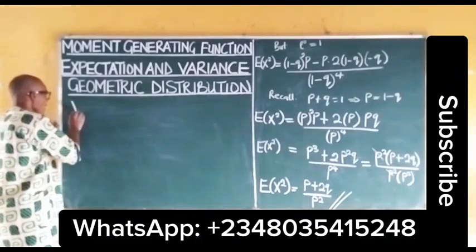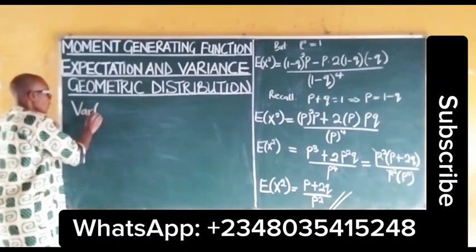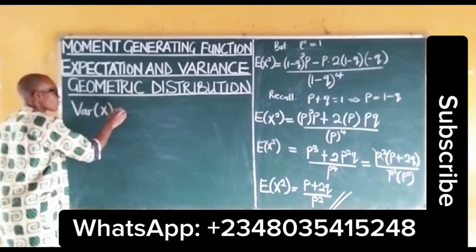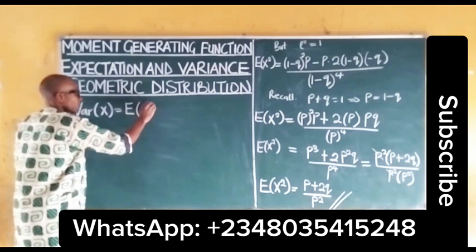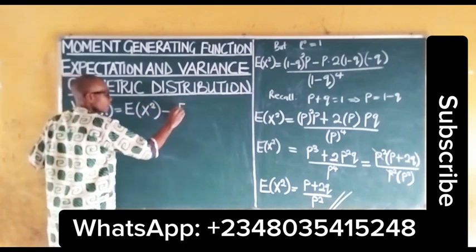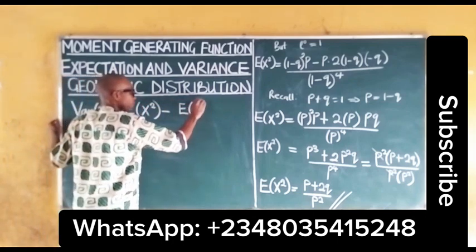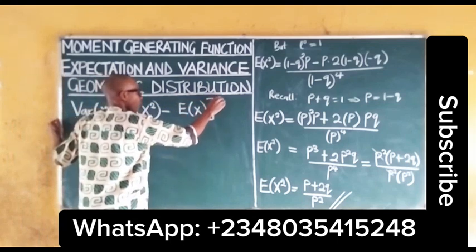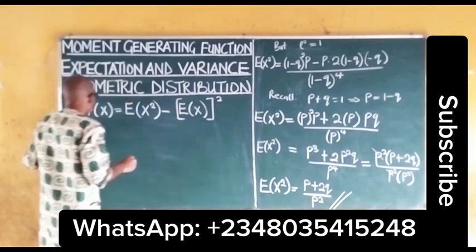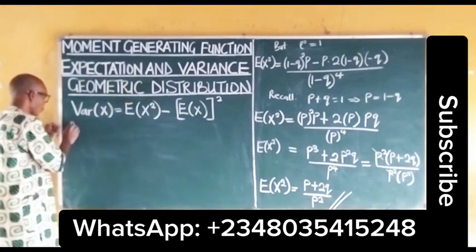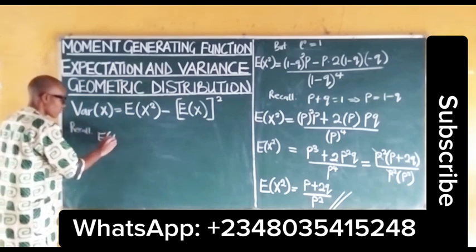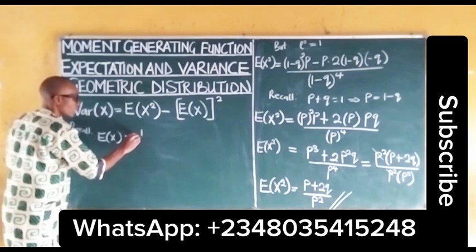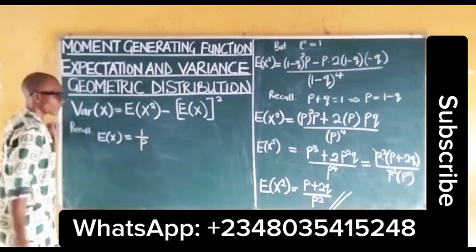that our variance of x is equal to the expected value of x squared minus the expected value of x all squared. We should recall that our expected value of x is equal to 1 all over p.